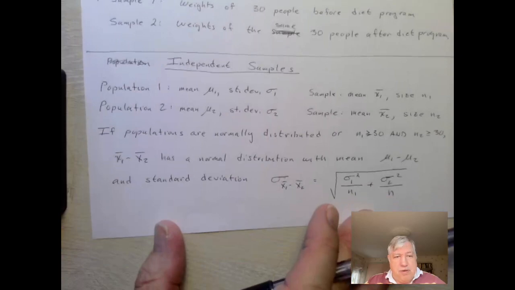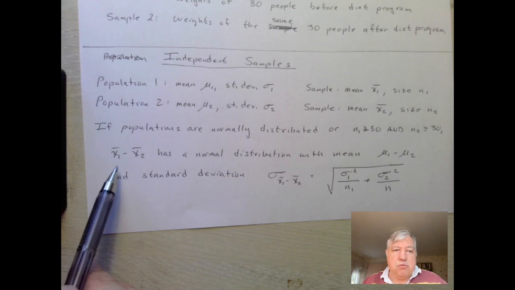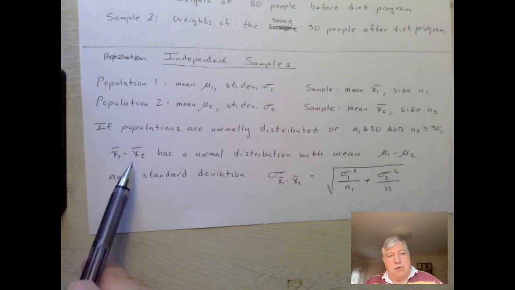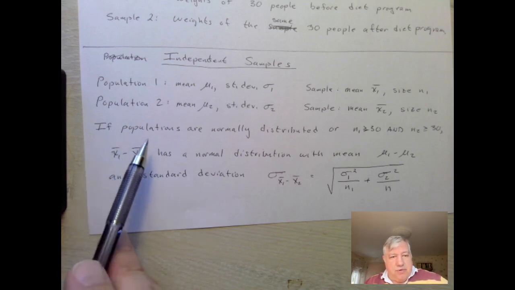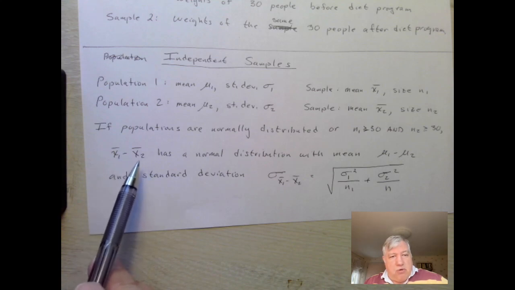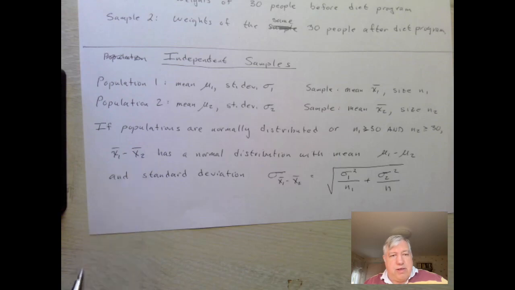If the populations are normally distributed, or both sample sizes are at least 30, the central limit theorem is going to kick in. As a result, we have this new random variable, defined as x1 bar minus x2 bar. This is a random variable, right? It's going to be a single number, an outcome of this experiment of taking these two samples, calculating their means, and subtracting them.